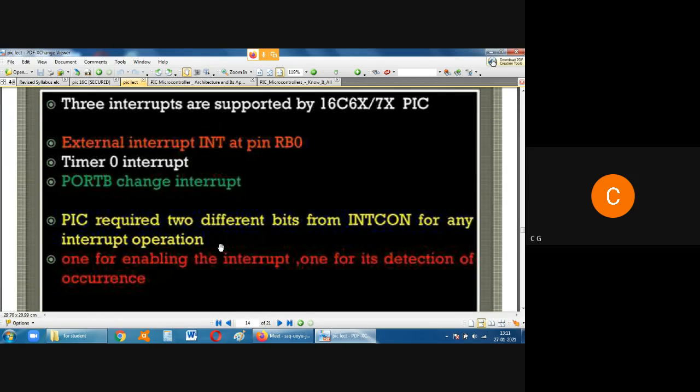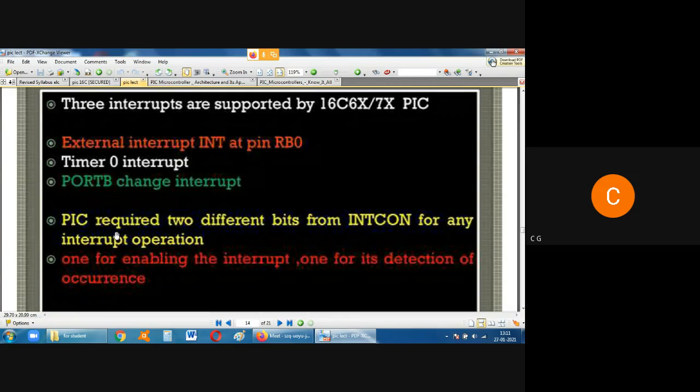So along with that, the improvement in this case is that in the previous case we have seen interrupt enable has to be there if you want to sense the interrupt. Otherwise, the 8051 does not sense any external interrupt unless and until the interrupt enable is set to 1.